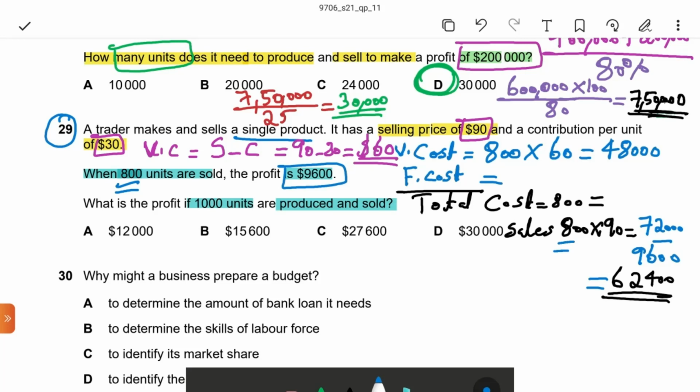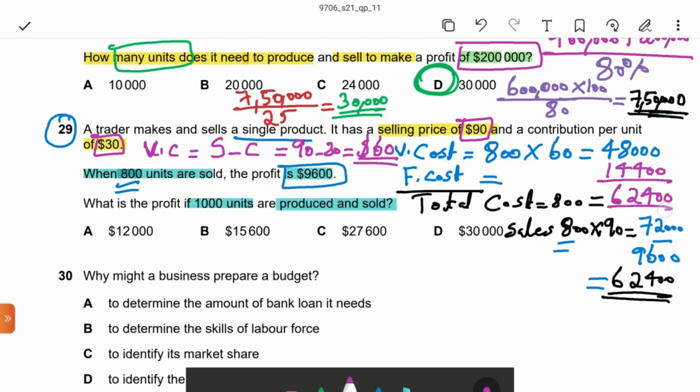So here the cost we calculated for 800 units is 62,400. So what will be the fixed cost? 62,400 minus 48,000. The fixed cost will be the difference, 14,400.